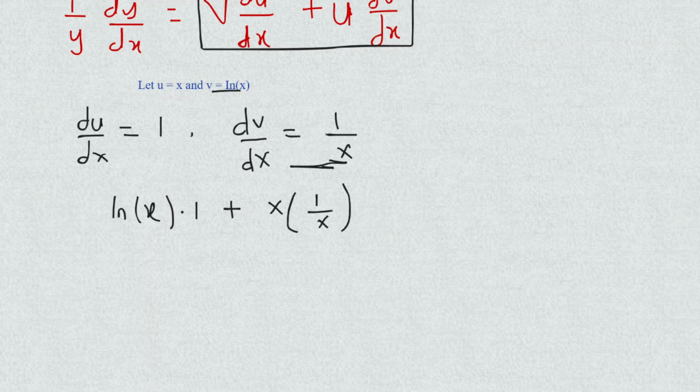The next thing I'm going to do is multiply this out. ln x multiplied by 1 is ln x.